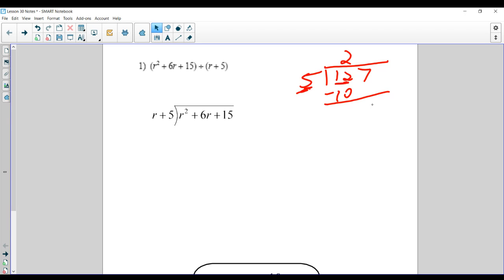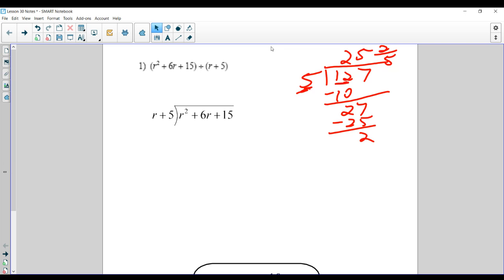Then you subtract the 2 lines, which gives you 2. Bring the next term down. How many times does 5 go into that, which would be 5? Multiply, subtract. And then you get a remainder. And the way that you write your remainder, sometimes we write R2, or we write it as the remainder over what you divided by.